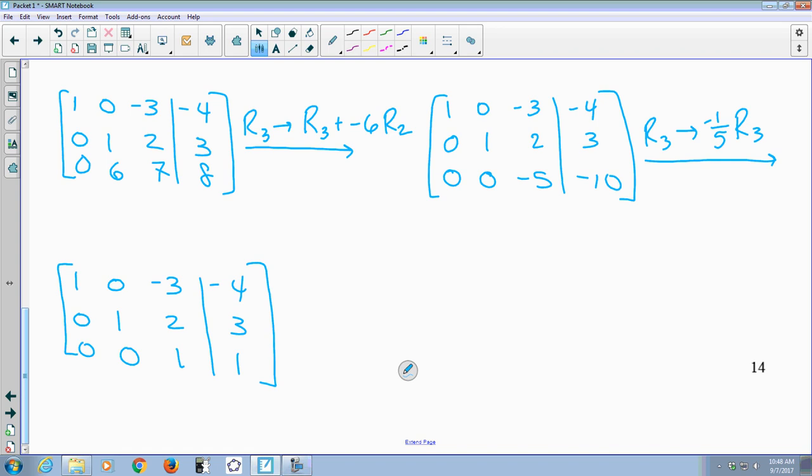Okay, last class, this is where we stopped. This is sufficient to get a solution to the system. This says z equals 2, right? And then y plus 2z equals 3, and then x minus 3z equals -4. So as long as you know z, now we can back substitute to get y and x. So this is where we stopped last class.